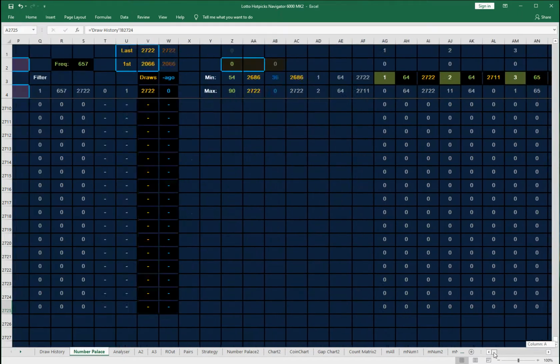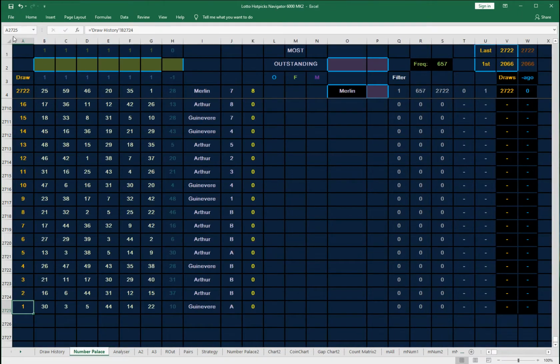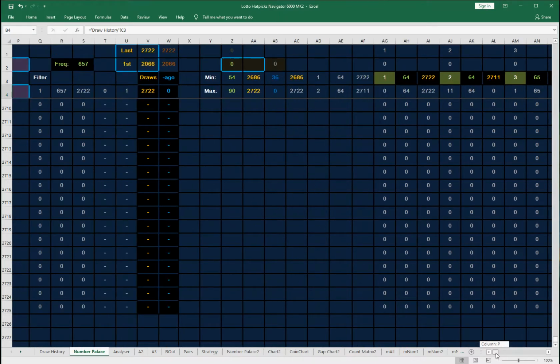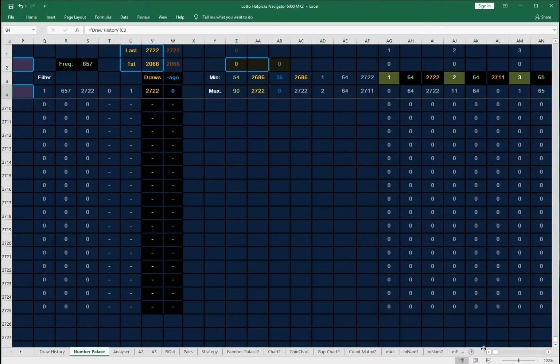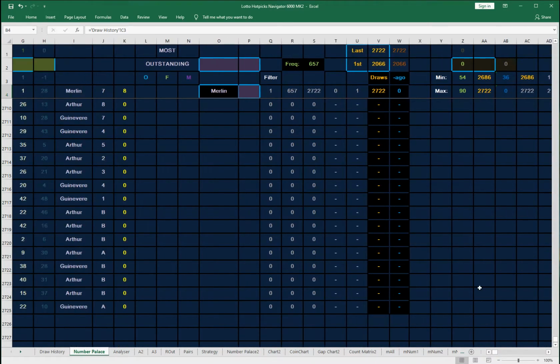Now, the way that I analyse the numbers is using this spreadsheet, which first of all applies a filter.